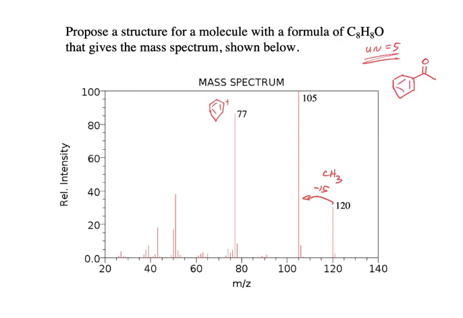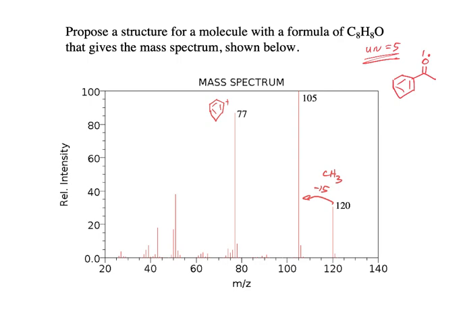Right, so how do we generate the 105 and the 77? How would we draw it out? Are you saying mechanism-wise? Yeah, mechanism-wise. I mean, you'd make it an acylium ion.